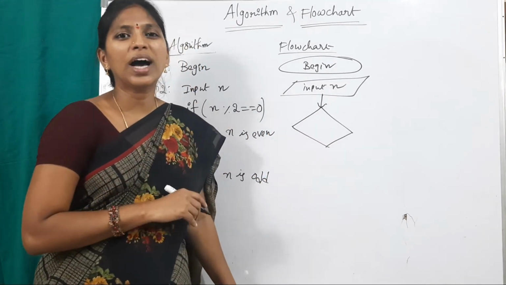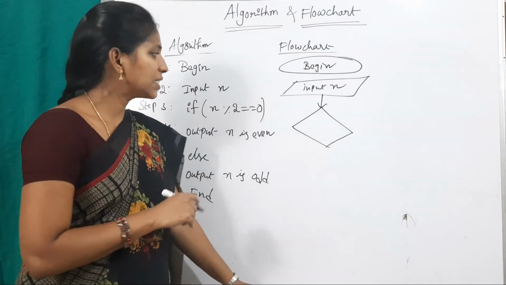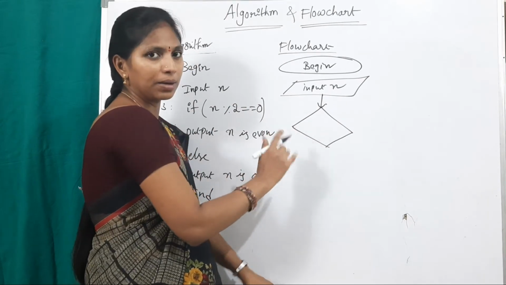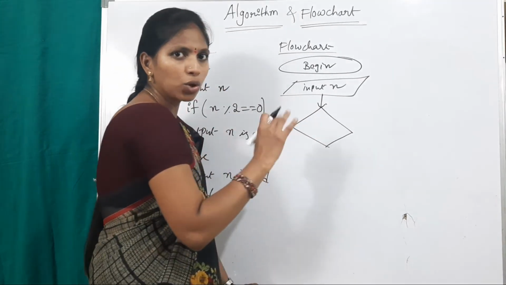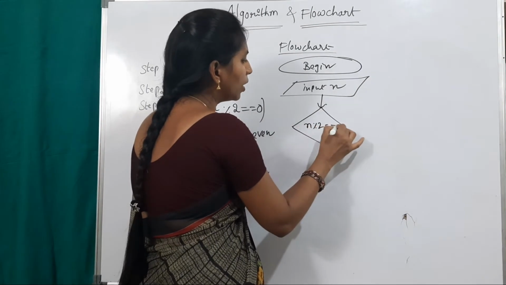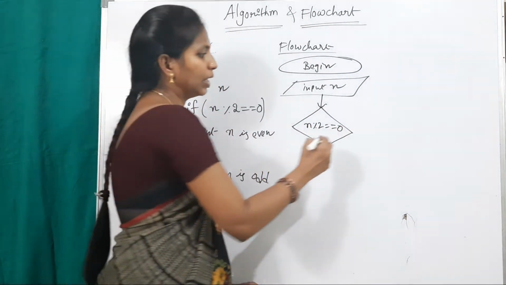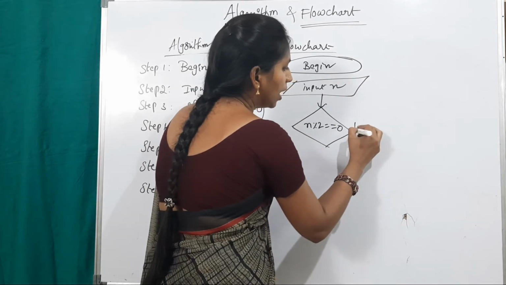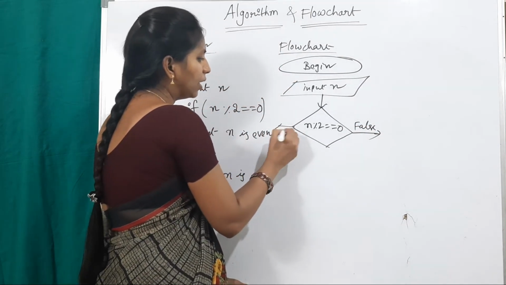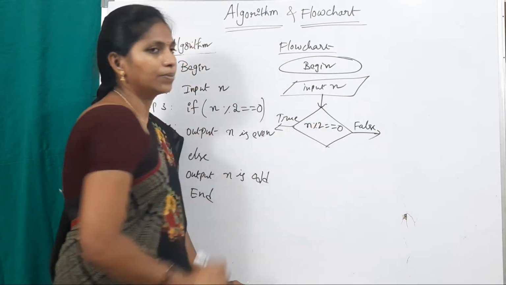One is true, the other one is false. Because if there is any condition, we will use this symbol. Condition may be false or true. So here n modulo 2 equal to 0 is the condition. From here I used false if this is false, and from here if this is true.